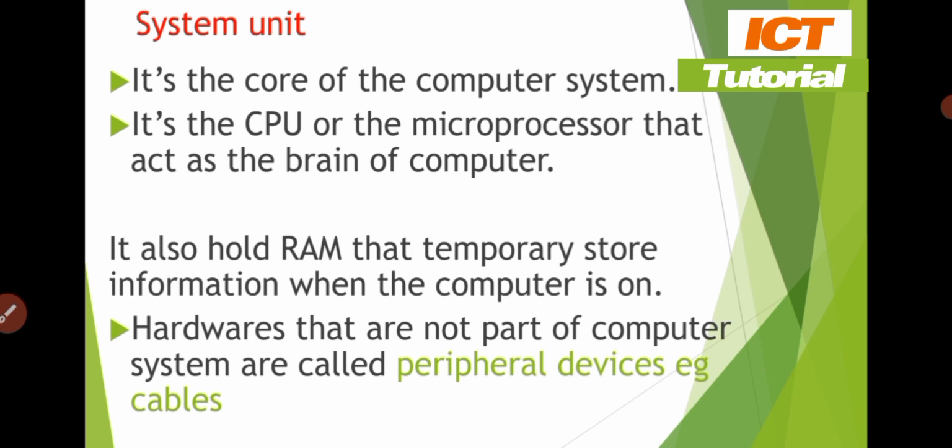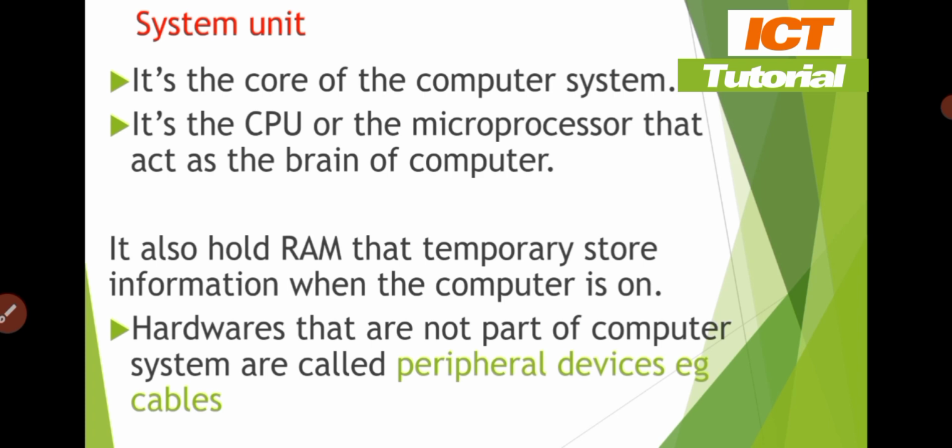Hardware that is not part of the computer system is called peripheral devices, for example cables. Those are devices which are connected to the computer, that you can see and touch, but they are not part of the computer. Maybe cables like USB cables, SD cards, and external storage devices.